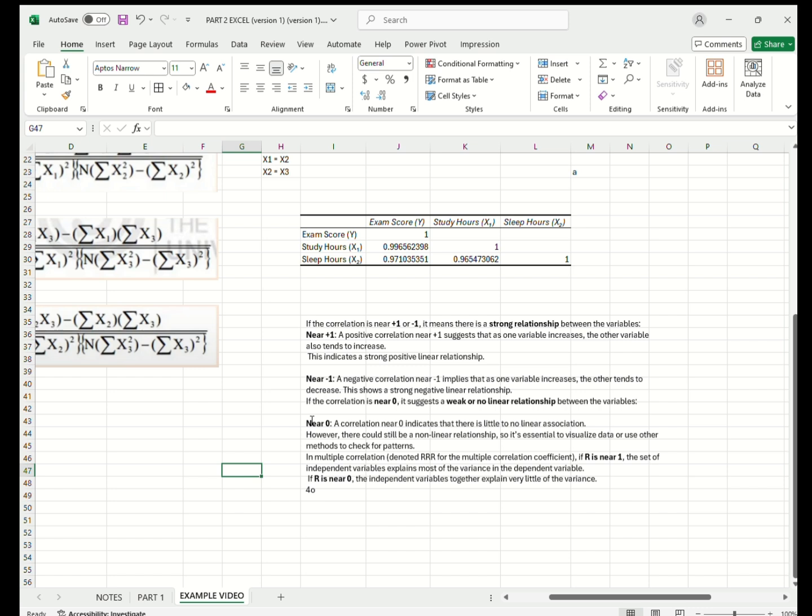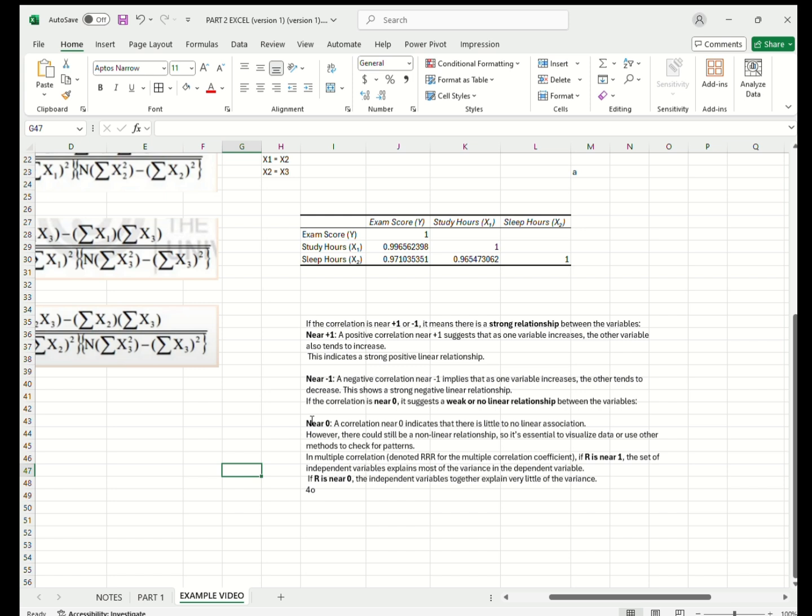This shows a strong negative linear relationship. And if the correlation is near zero, it suggests a weak or no linear relationship between the variables. A near zero correlation indicates that there's little to no linear association. However, there could still be a relationship, so it's essential to visualize data or use other methods to check for patterns.